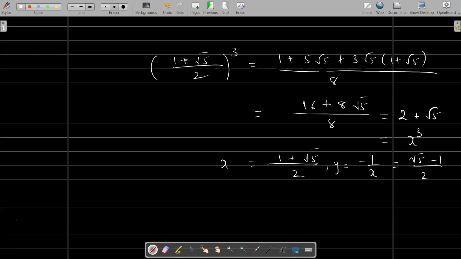You can check. I think it's 1 minus root 5, right? What is 1 plus 2 by 1 plus root 5? Minus root 5, 1 minus root 5.